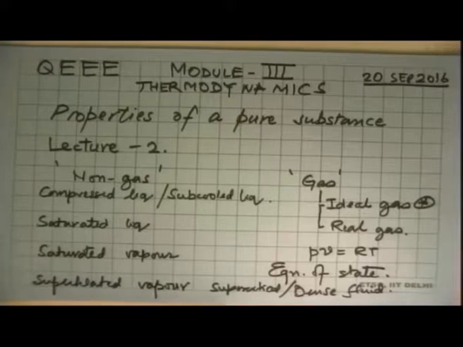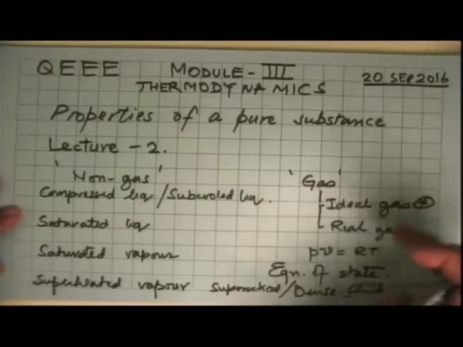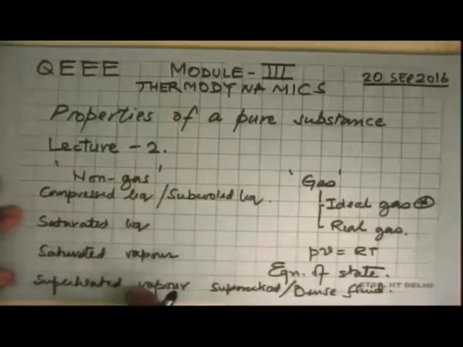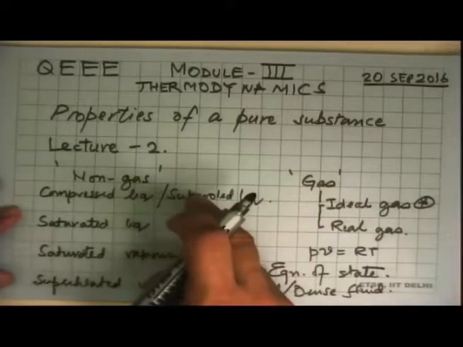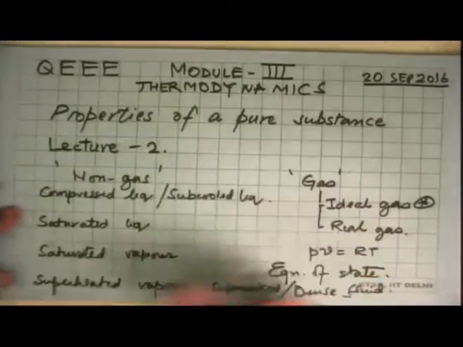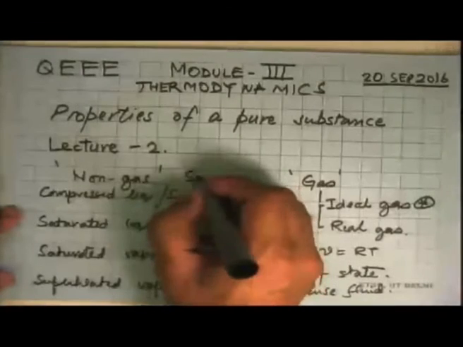So we learned that a substance can exist in so many states, beginning from ideal gas, which is one extreme, to real gas, superheated vapor, saturated liquid, compressed liquid, and if you go to temperatures below that, then you will have the solid phase.